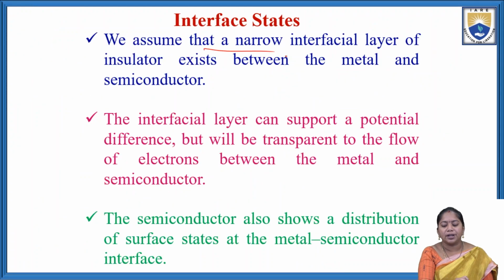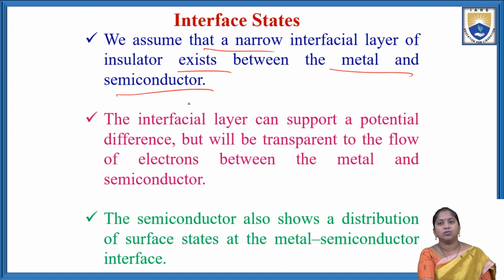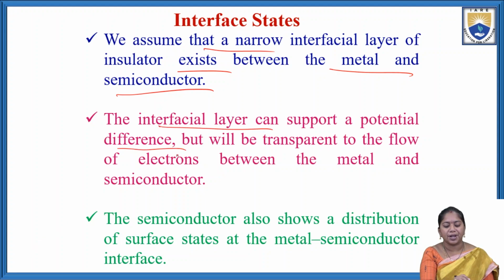We assume that a narrow interfacial or insulating layer exists between the metal and semiconductor. The interfacial layer can support a potential difference but will be transparent to the flow of electrons between the metal and semiconductor.